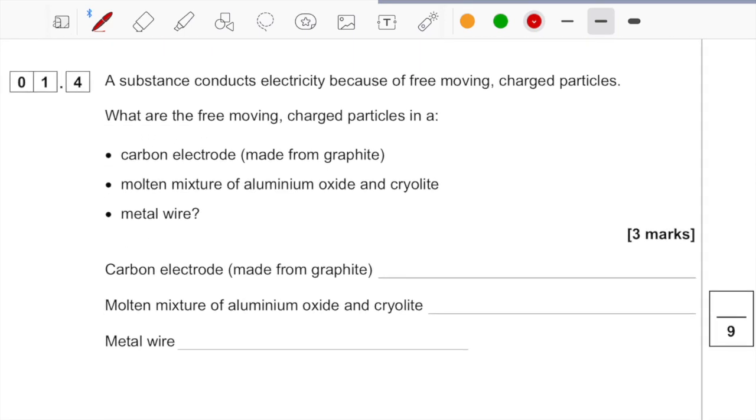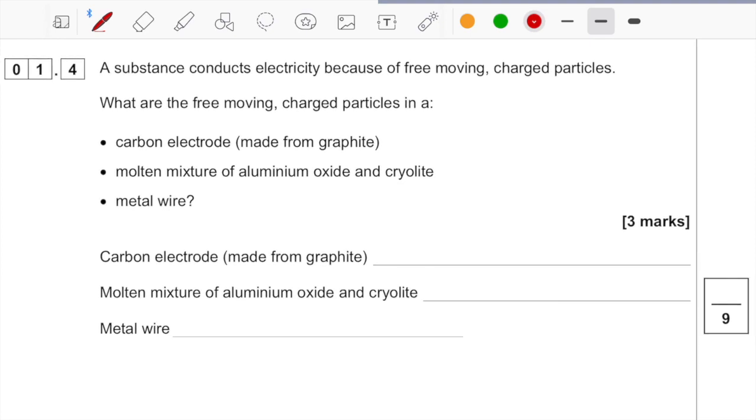Okay, and then we get to the final part, I think, of the question. It says, a substance conducts electricity because of free-moving charged particles. What are the free-moving charged particles in A? And then we've got different types of substances.